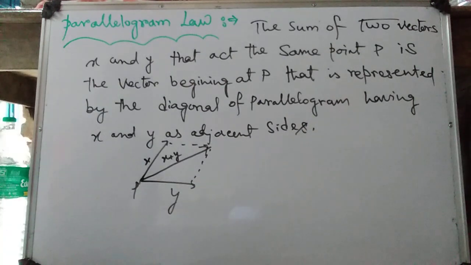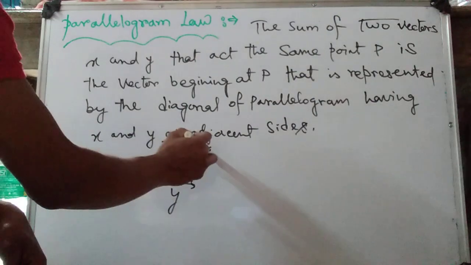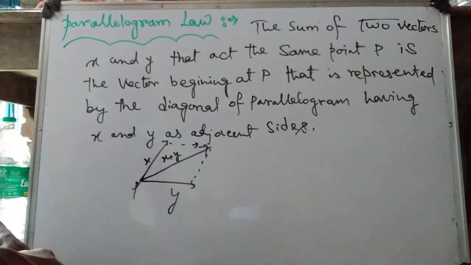So that is represented by the diagonal here, x plus y, and this one x, so this one obviously y. Not a problem at all.